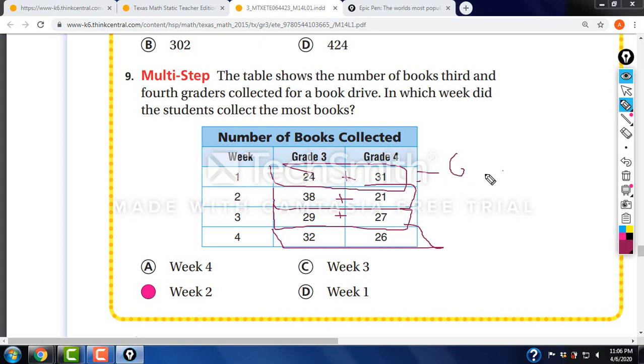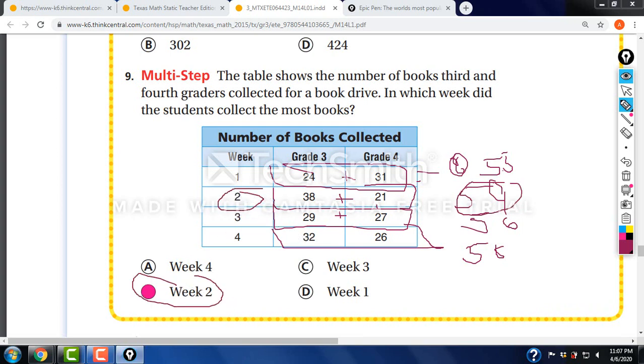I'm sorry, 55. Week 2 would have been 59. Week 3 should have been 56. And this one would have been 58. So if you take a look at your numbers, 59 would have been your answer, so week 2 should have been your answer here.